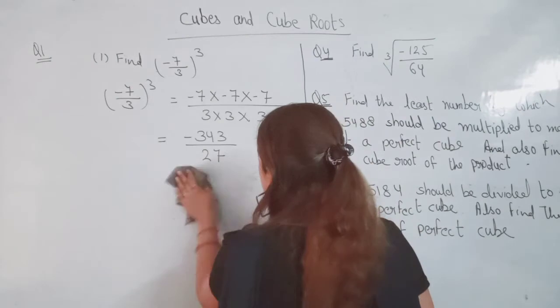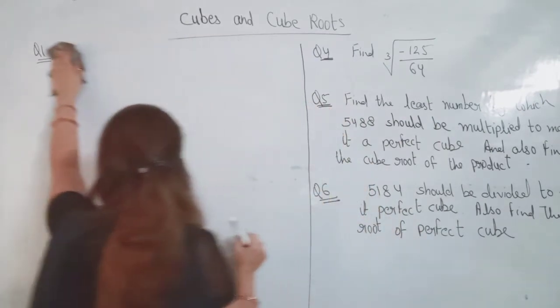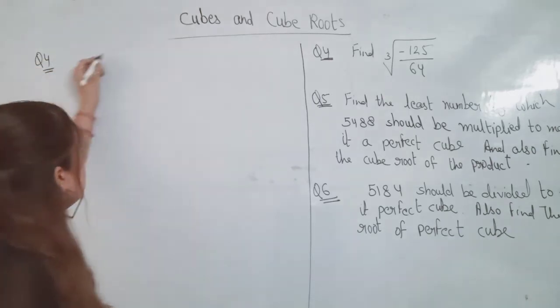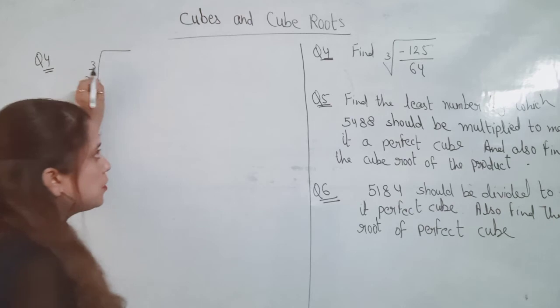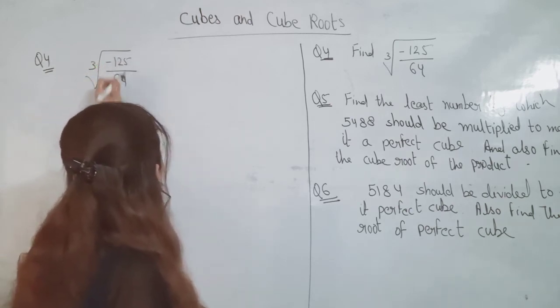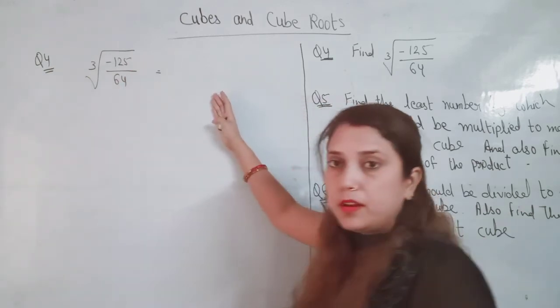Question number 4: find the cube root of the fraction minus 125 upon 64. If you know the factors of 125, you can write them down directly.